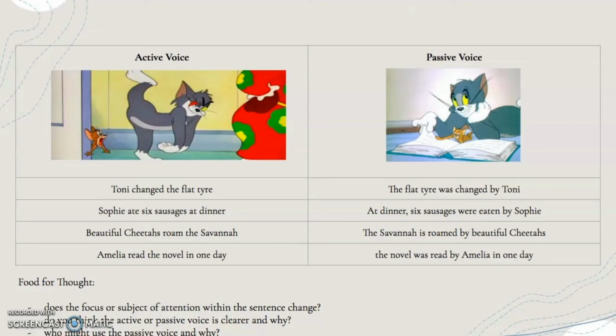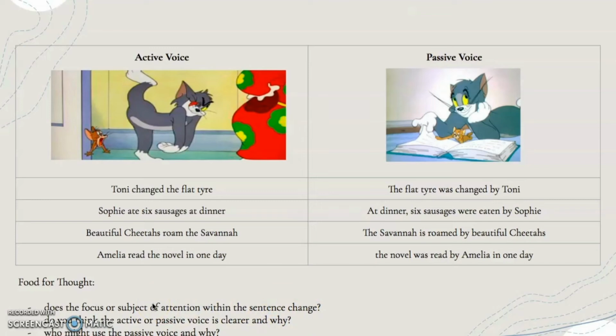Let's have a look. Tony changed the flat tire. That's in the active voice. Now, if we switch it to the passive voice, the sentence is going to become, the flat tire was changed by Tony. I've asked a few questions that will hopefully help to get you thinking about these major differences.